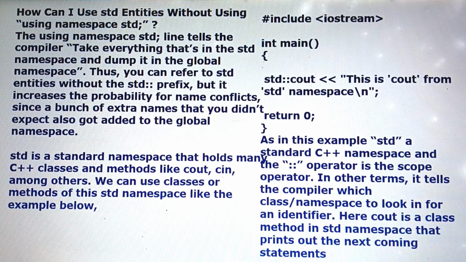std is a standard namespace that holds many C++ classes and methods like cout, cin, and others. We can use classes or methods of this std namespace like the example below.